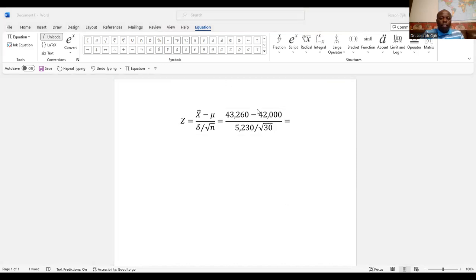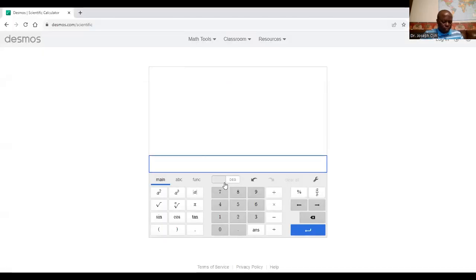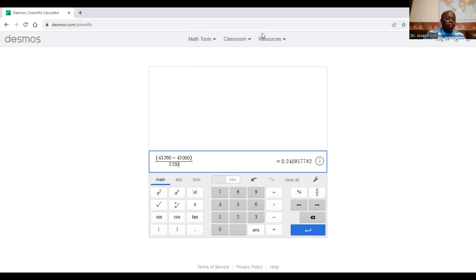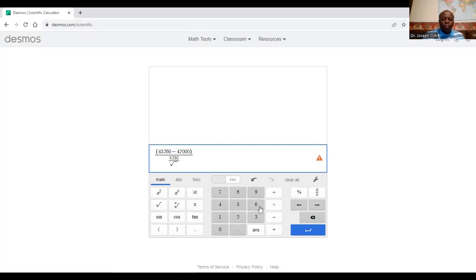We clear this, and at the top we have 43,260 minus 42,000, divided by 5,230 over the square root of n, and n is 30.